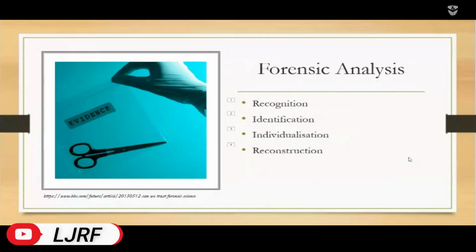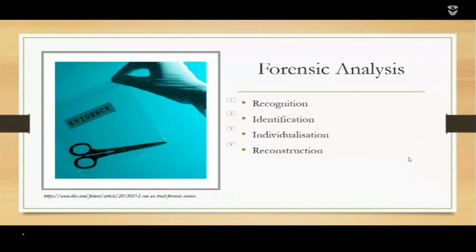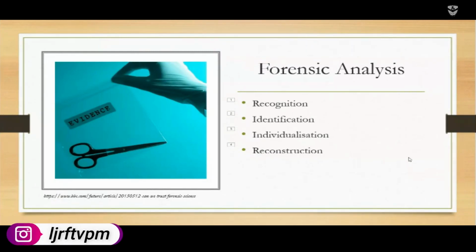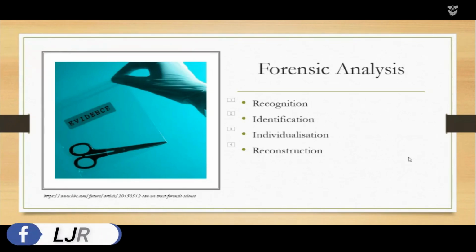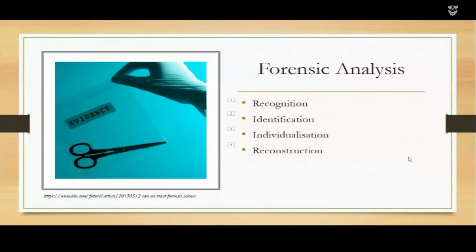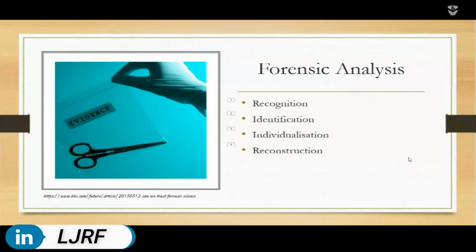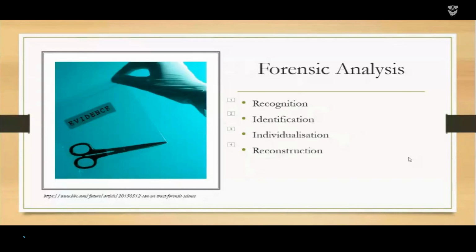In individualization, you actually link that particular evidence to a person. After identification, you individualize, you link that particular sample to a person. So the first three steps are very crucial, and it is very important to do them correctly to come to the fourth step.